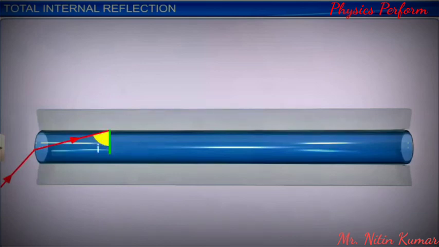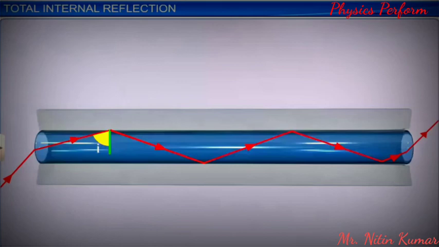Since the loss of energy is quite small in the case of total internal reflection, light can be transmitted over longer distances through optical fiber with least loss of energy. This is made use of in optical fiber cables used for long-distance transmission of light signals.